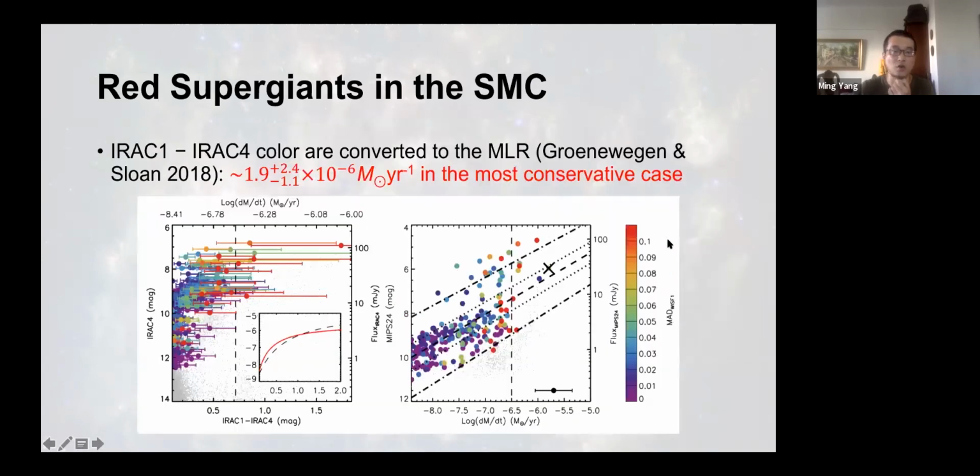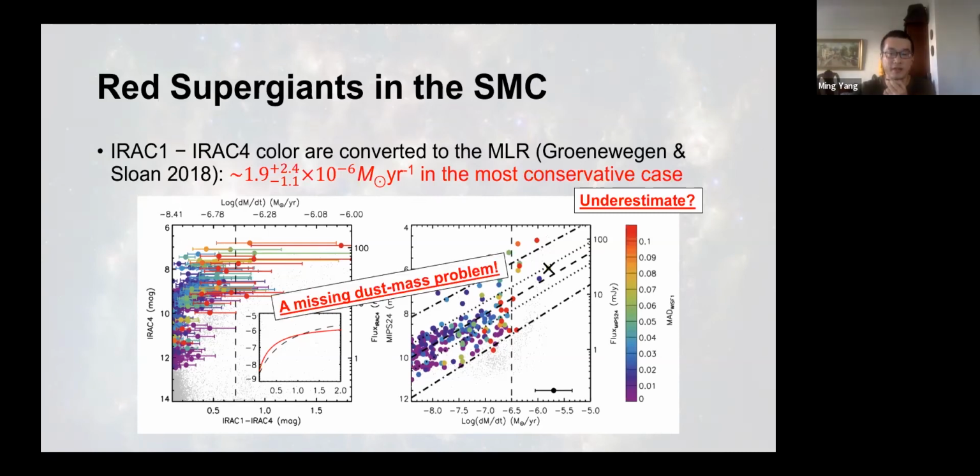We also calculated the mass loss rate of the whole red supergiant population in the SMC. In the most conservative case, it's about 10 to the minus 6 solar masses per year. However, this is the most conservative case. That means we probably underestimate the mass loss rate of the red supergiant stars by using these colors. Why is this important?